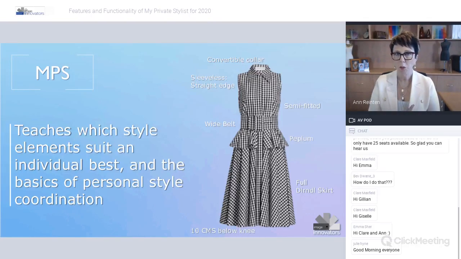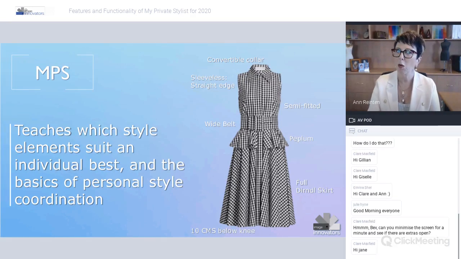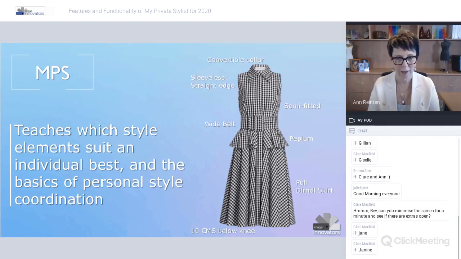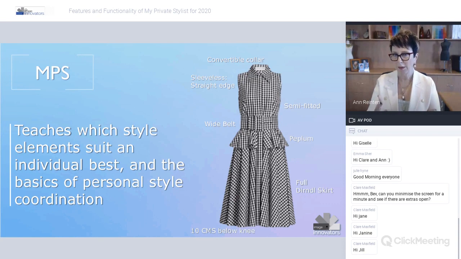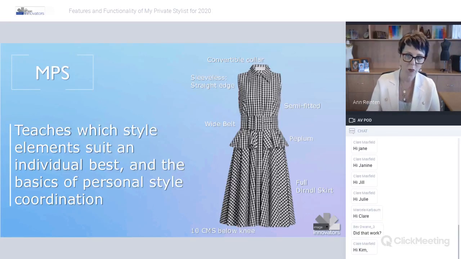So the program teaches everything to do with what individual style elements suit somebody, how the basics of coordination suit them, and that includes color. So in the idea of is color best light or bright, best worn below the waist, above the waist, or can it be worn through?